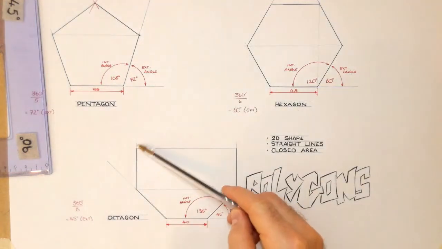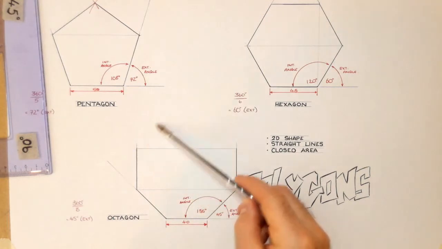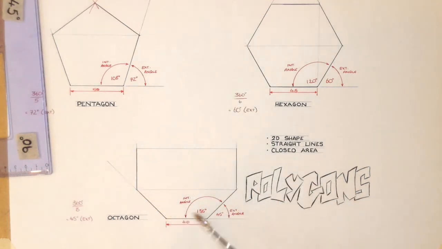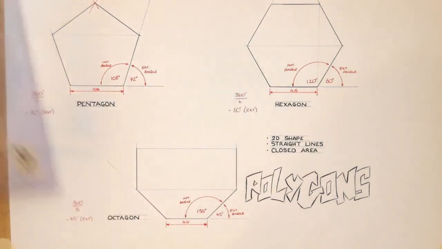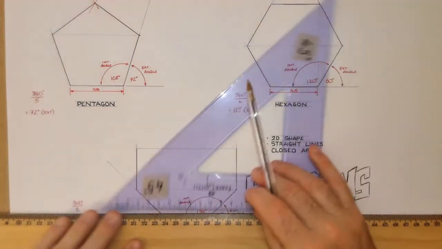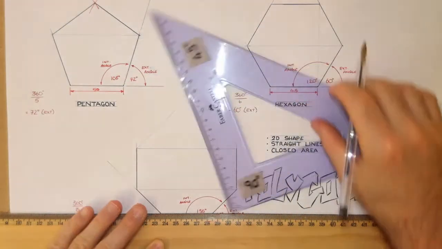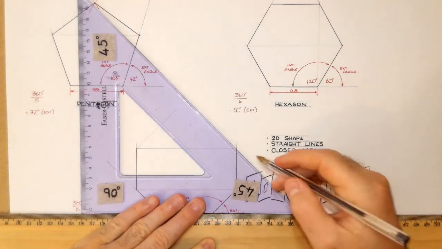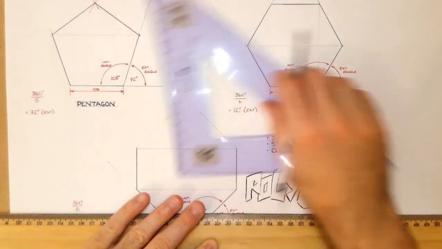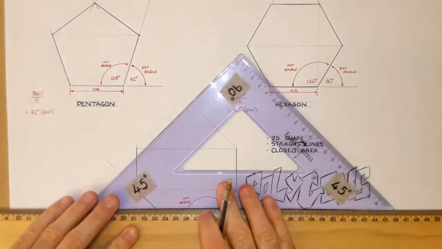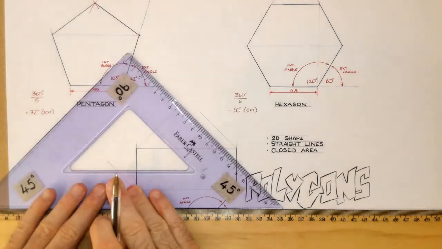Now what we have to do is complete the top section of it here, which is going to be the exact same as the bottom section, only flipped over. So once again, we're going to go 45 degrees, this time inwards. And then I'm going to do the exact same from the opposite side. I could have had my set square like this and just slide it over this way.